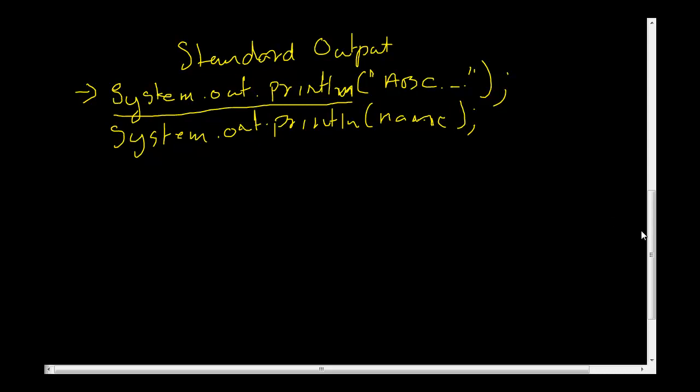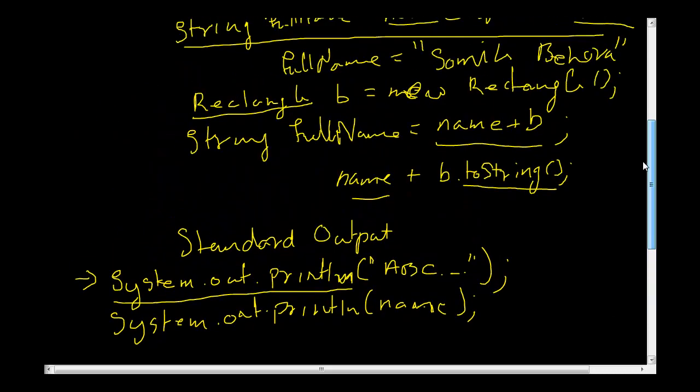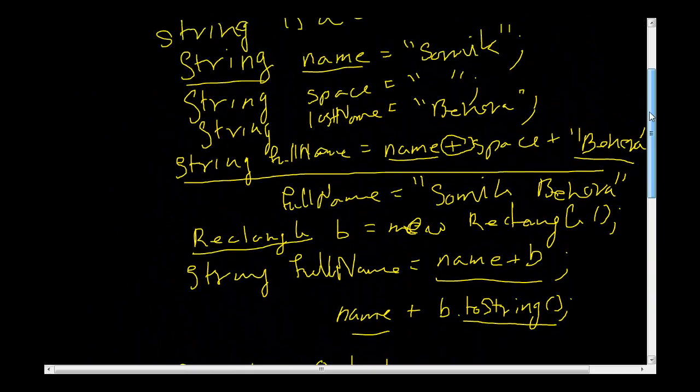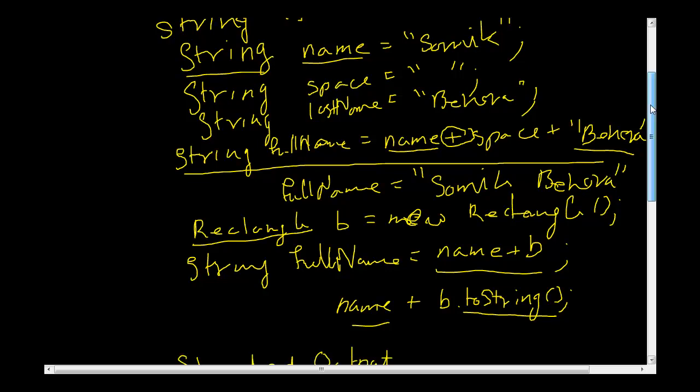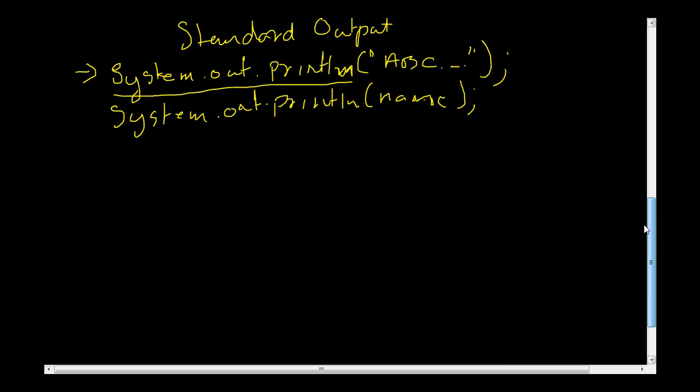Remember, earlier on we defined name here to be Somic, and this is an instance of type String, and I can directly pass it to the println method, and when we execute this, it's going to output Somic on the console.